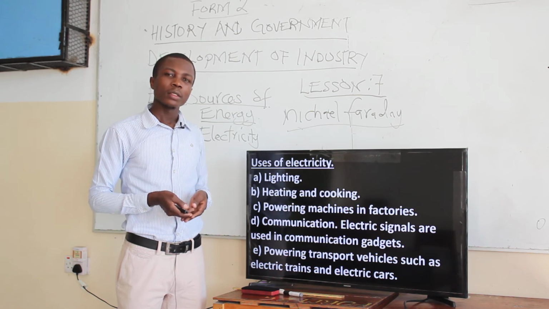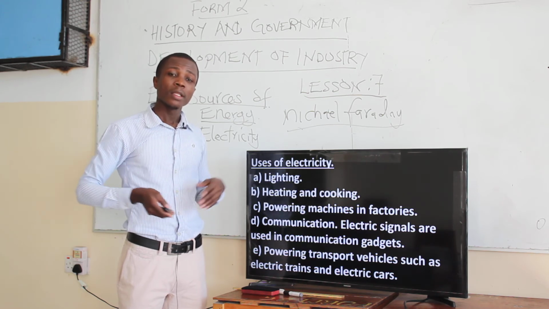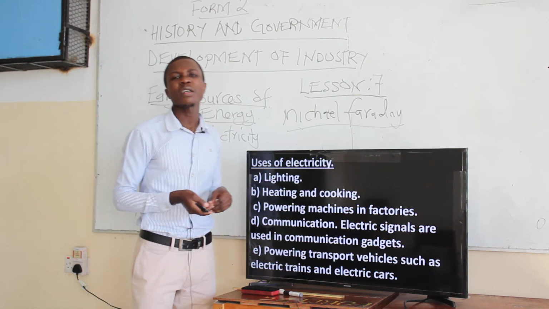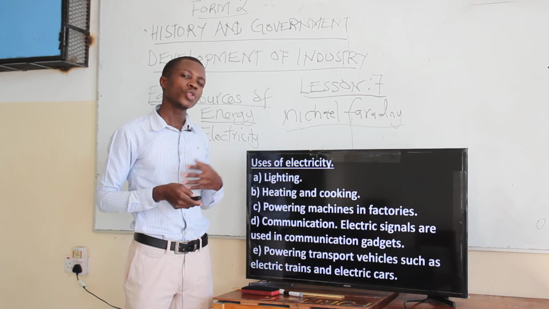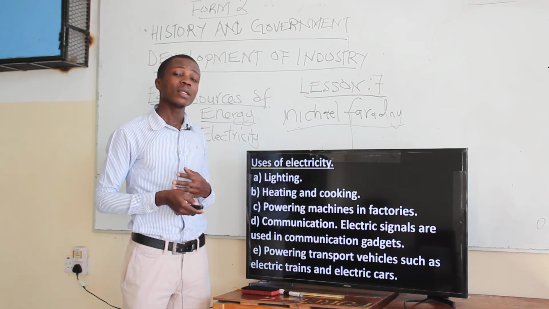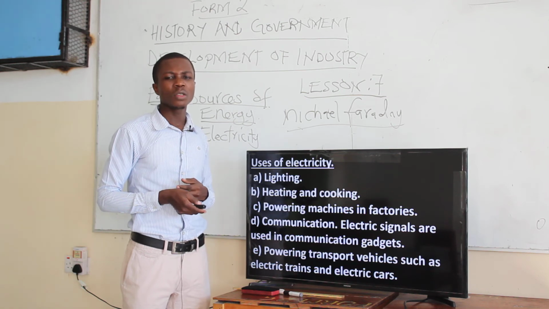Heating and cooking: we use electricity for heating water, heating anything, and also for cooking. Also powering machines in factories; there are factories that are using electric power, which enables them to operate. Next, communication.